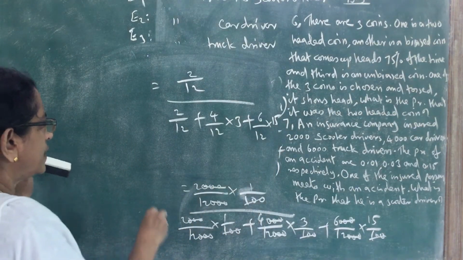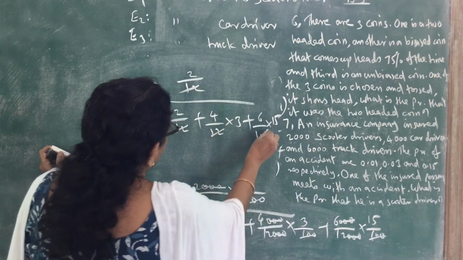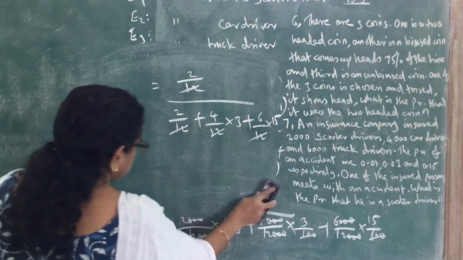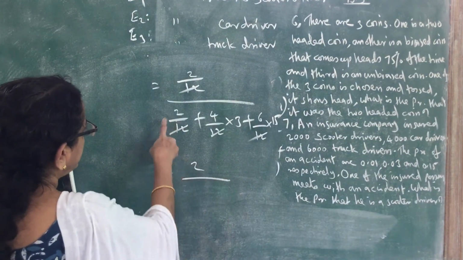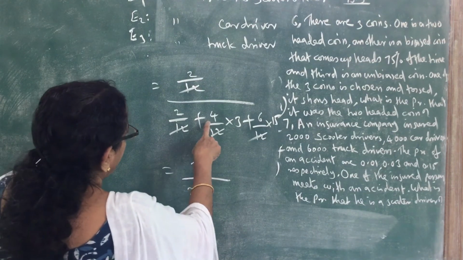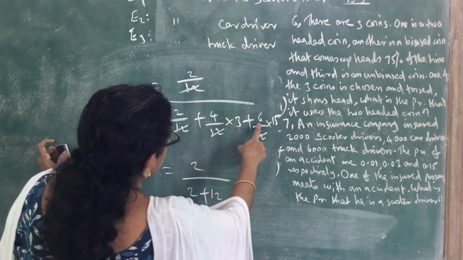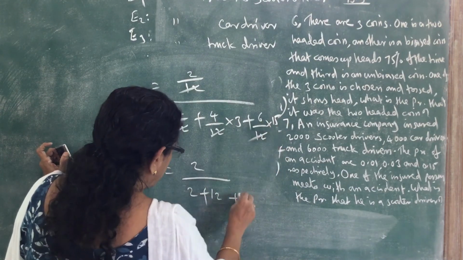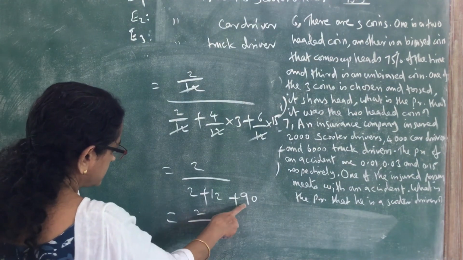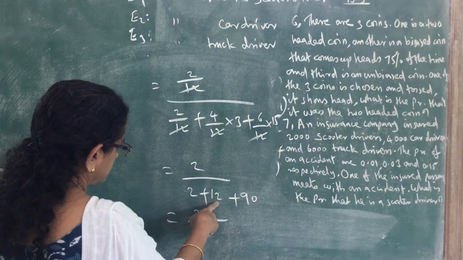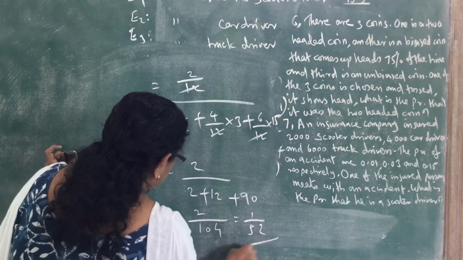Now here by 12, by 12, by 12, by 12. That is equal to 2 divided by 2 plus 4 into 3, 12, plus 6 into 5, 90. That is equal to 2 by 104, that is 1 by 52.